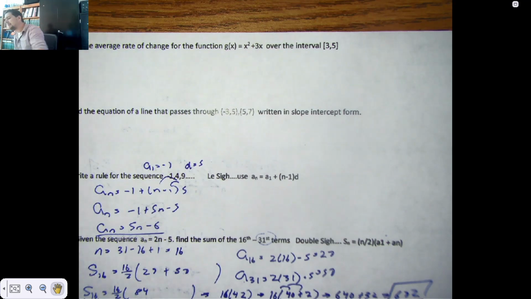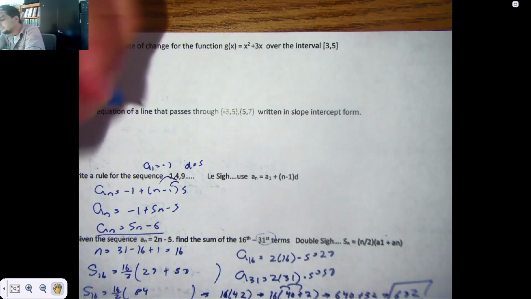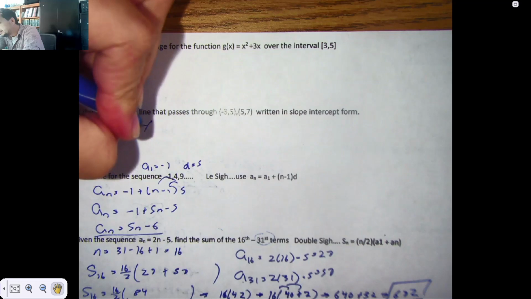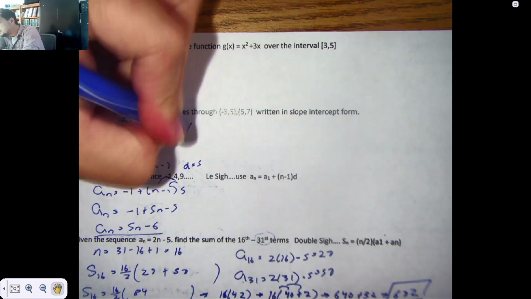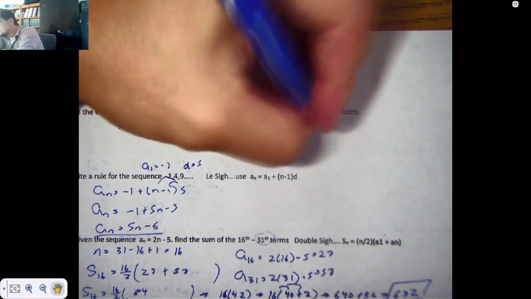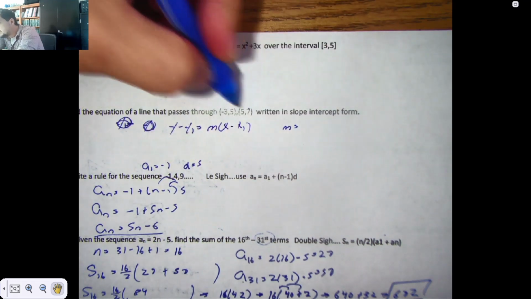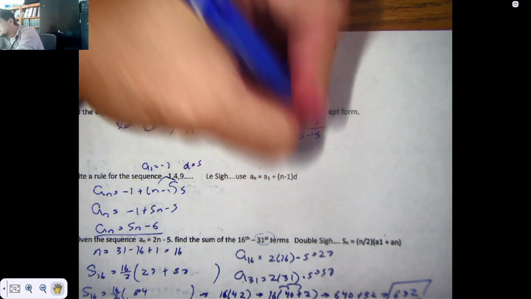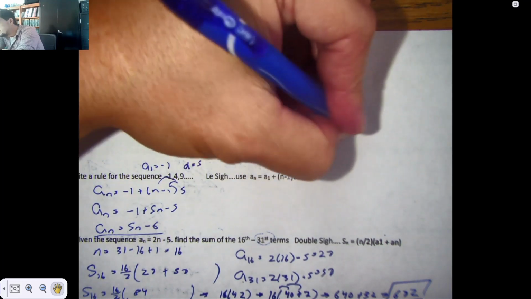Find an equation of a line that passes through the points, written in slope-intercept form. You're supposed to use point-slope form, which I can't write. Y minus y1 is m times x minus x1. So off to the side, you find your slope, 7 minus 5 over 5 minus a negative 3. That's 2/8, which is 1/4.